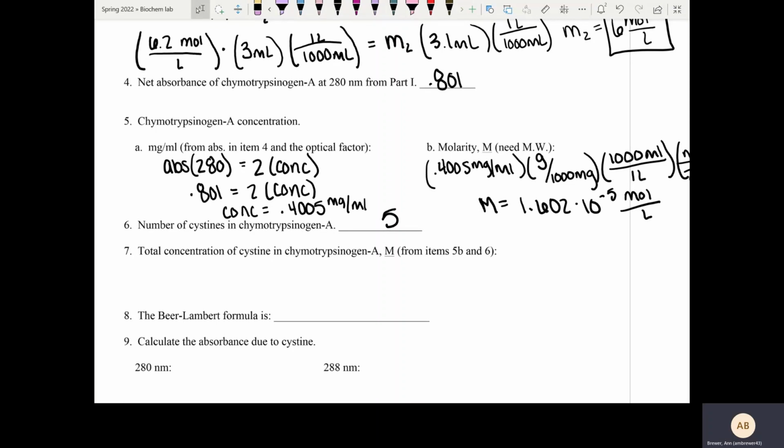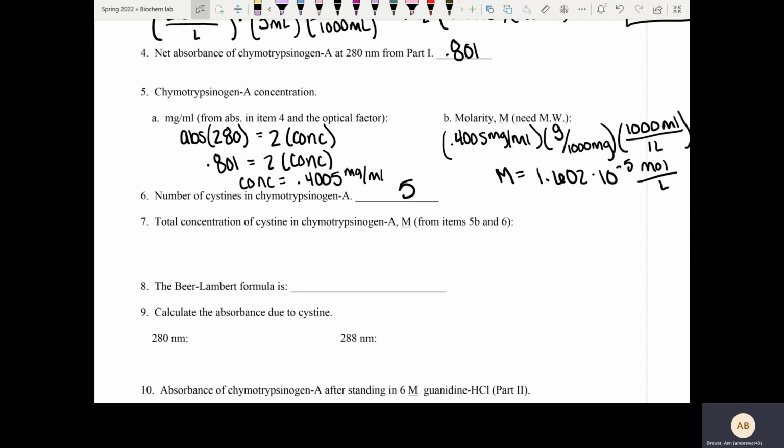So number 7 is the total concentration of cysteine in chymotrypsinogen A. So we're finding the moles per liter, so the molarity.